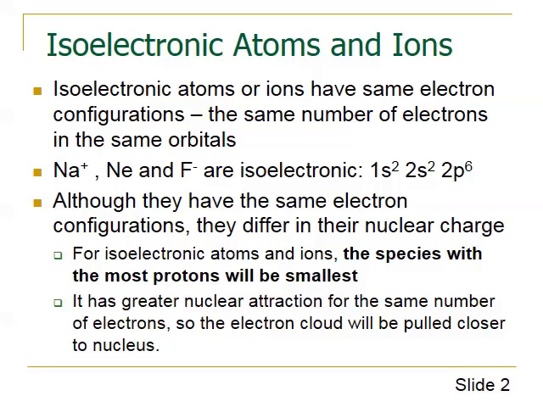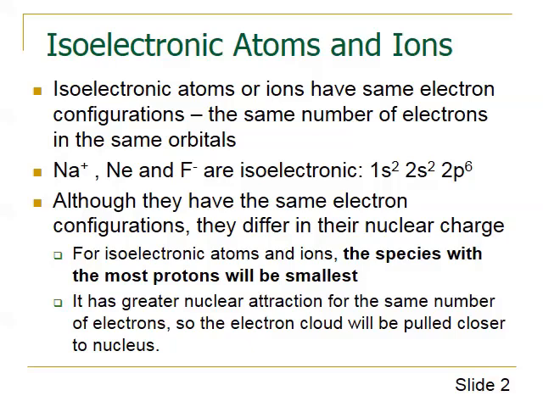What's left would look like the same configuration for neon. In the same way, fluorine is 1s2, 2s2, 2p5, but a fluoride anion, F-, has gained one electron. So now it's 1s2, 2s2, 2p6. And so a fluoride ion looks the same as a neon atom in terms of its electron configuration.